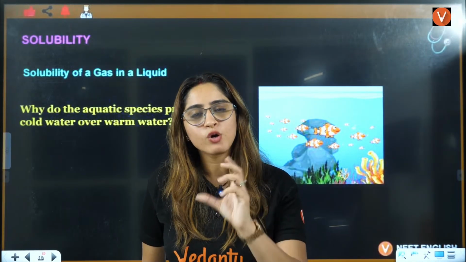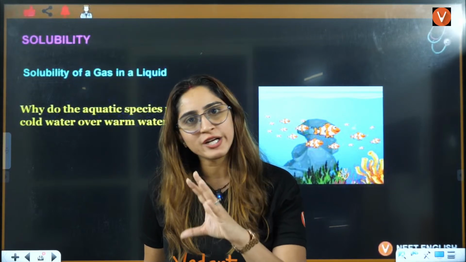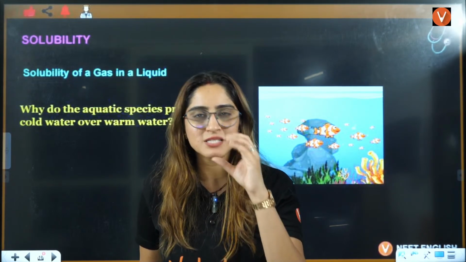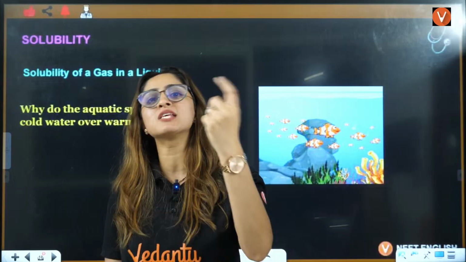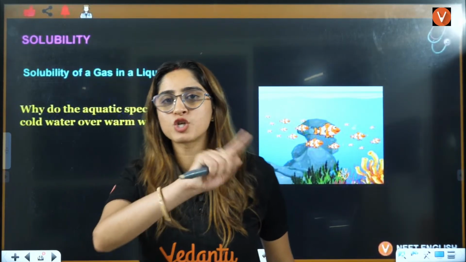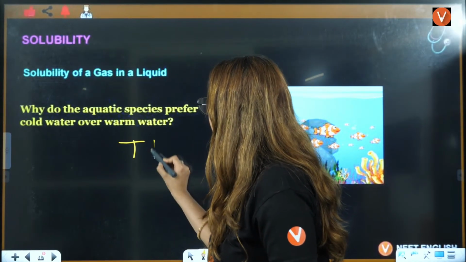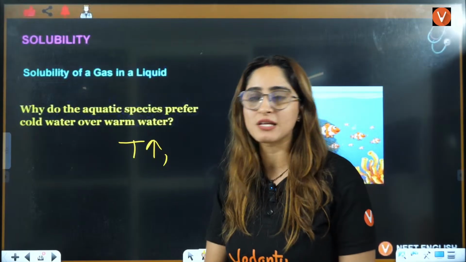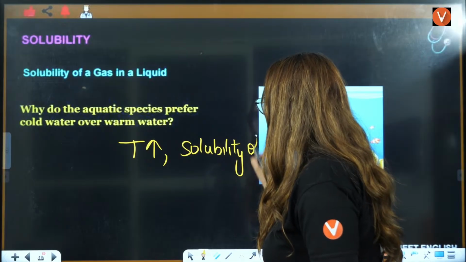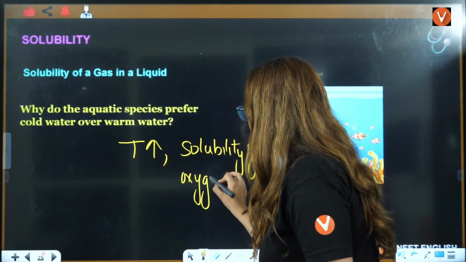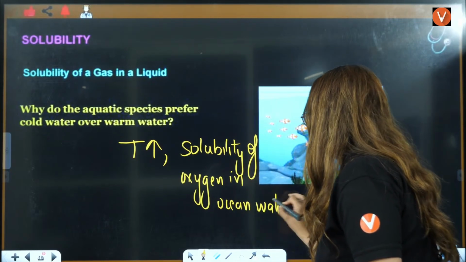Because global warming is increasing, temperature is increasing. Ocean temperature is also increasing. I told you one thing, that oxygen is dissolved in the water of the ocean, right? Because temperature is increasing, the solubility of oxygen in ocean water decreases.